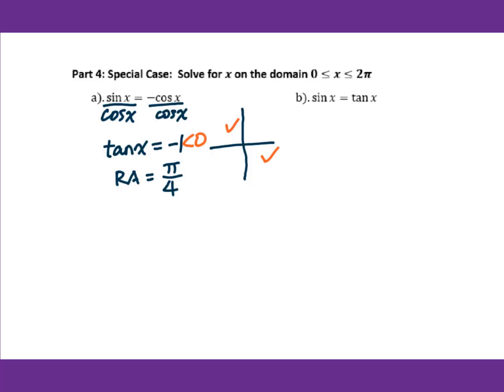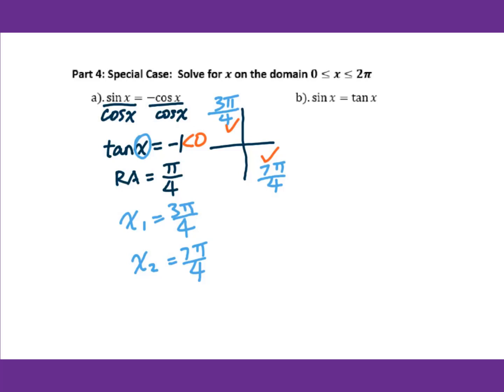When reference angle equals pi over 4, we got 3 pi over 4 for second quadrant and 7 pi over 4 for fourth quadrant. Angle for tangent, that's x, so we write down x1 equals 3 pi over 4, and also x2 equals 7 pi over 4. Let's go to B.